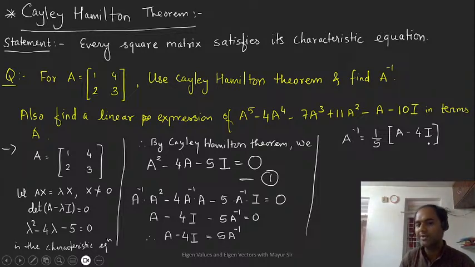Now you can substitute and get that answer for A inverse. So A minus 4I, you will get the answer there, and that's how it is done. Are you comfortable till this part?